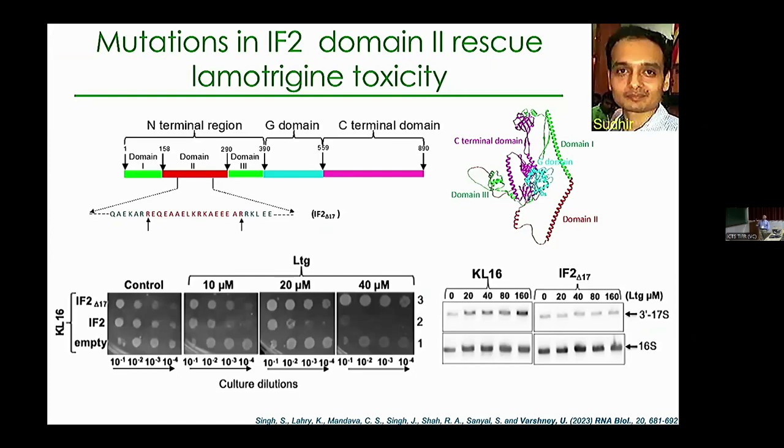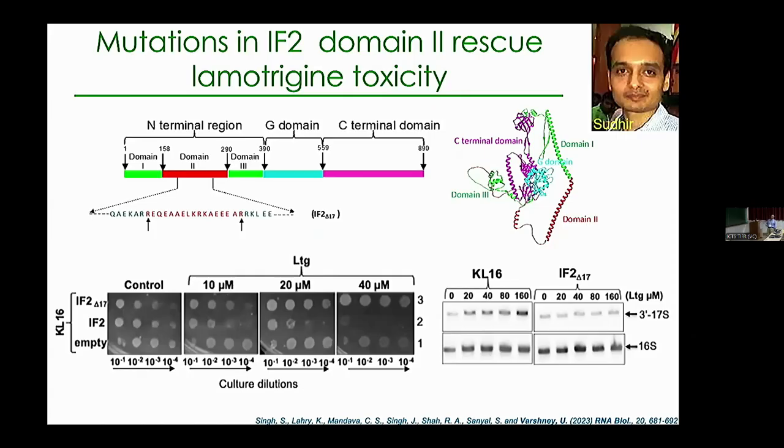So this is IF2, and there are several domains here, but domain 2 is of importance to us. What he reported was that if you delete a certain stretch of amino acids from domain 2, this IF2 no longer binds to lamotrigine, and lamotrigine is no longer toxic to E. coli. So this is shown here.